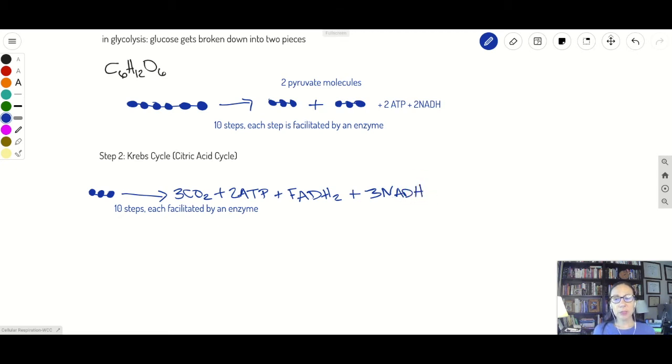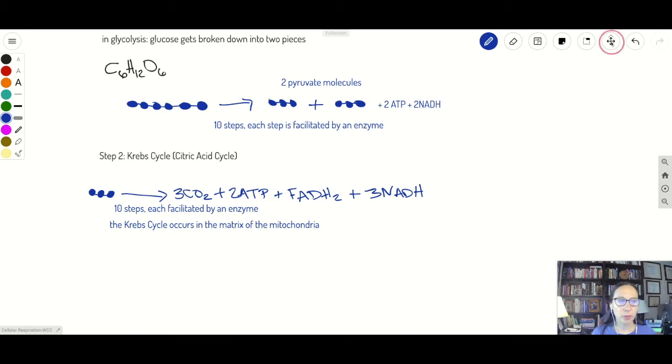Okay, and so that's what's going to happen in the citric acid cycle. And this happens inside the matrix of the mitochondria. Okay, so the Krebs cycle occurs in the matrix of the mitochondria.